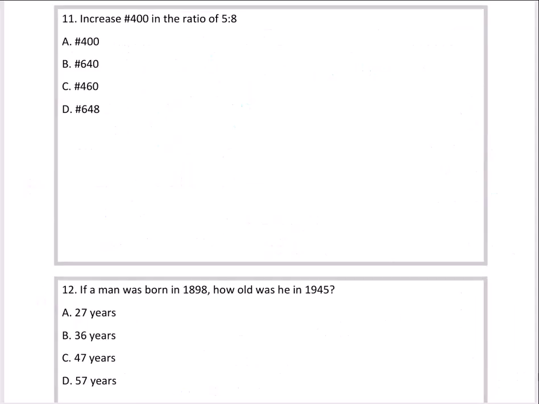Okay, question number 11. Increase 400 in the ratio of 5:8. So now 400, and then we'll have 5:8, which simply means 5/8. There's a simple way we can do this. I can use two methods anyway.